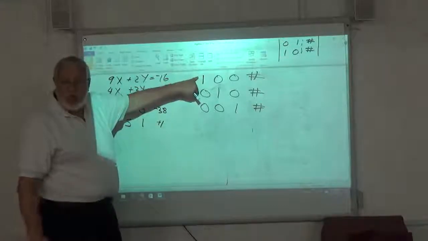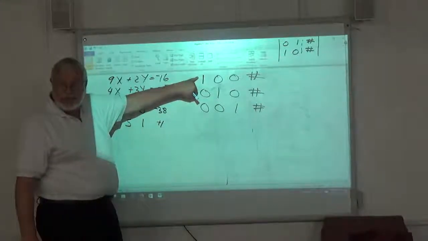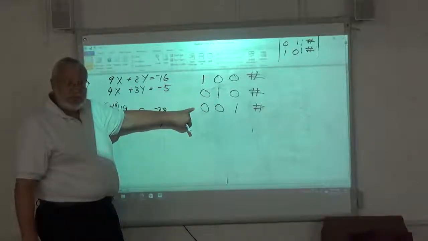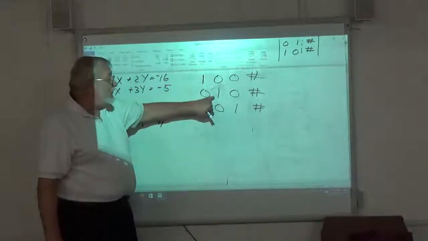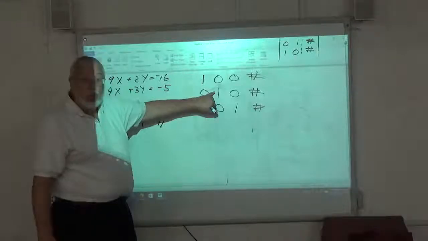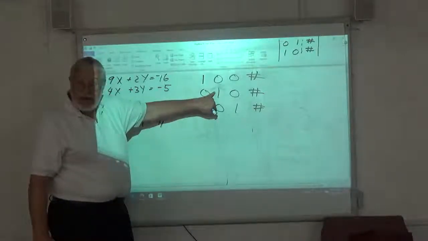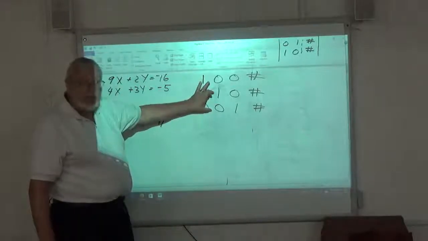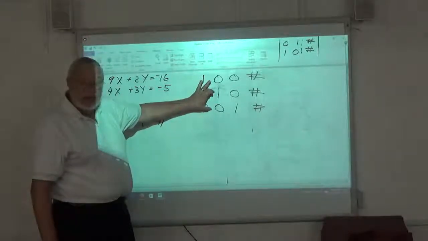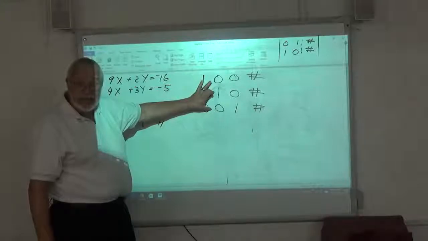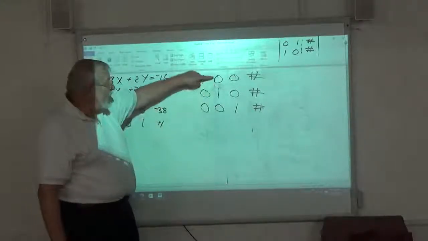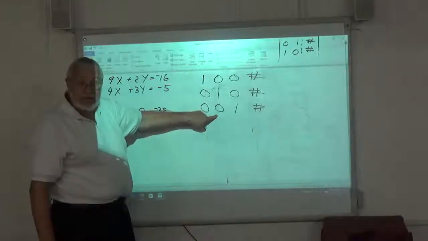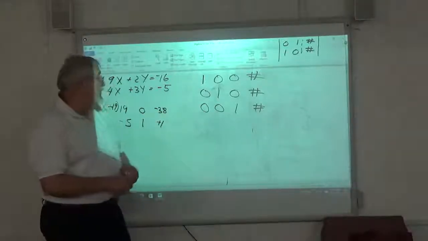Once we find the 1 for the x, then we're going to create these 2 zeros. And then we have to find a 1 for the y between these 2 numbers. These 2 equations have to create the 1 for the y. And then you'll be able to eliminate the 1 above and the 1 below. So that's where that goes.